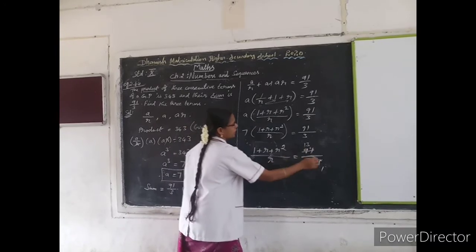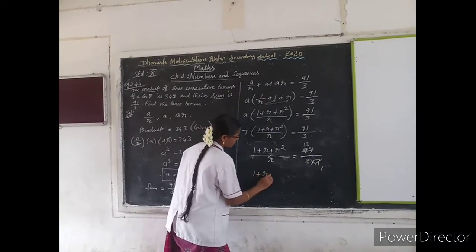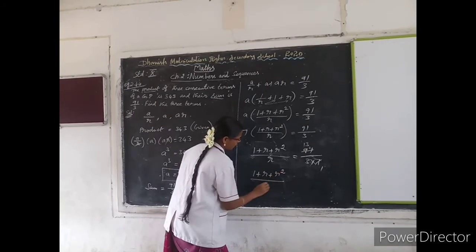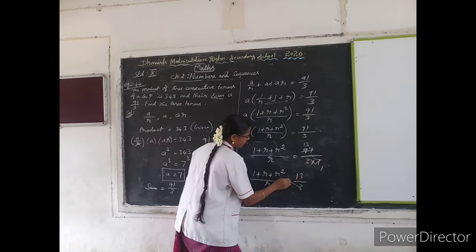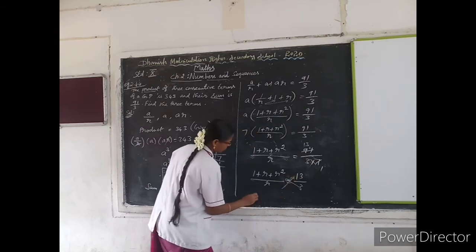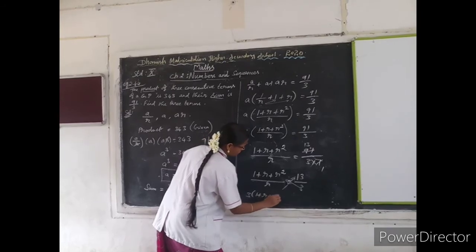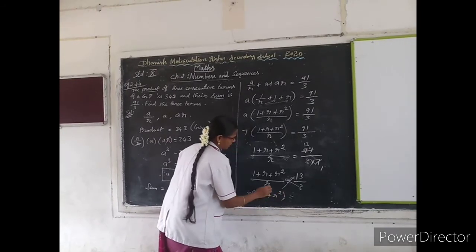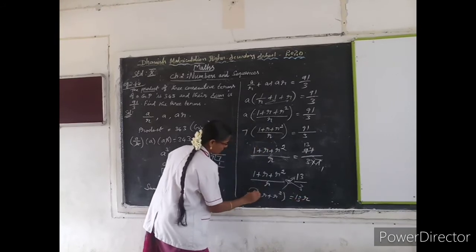So 13 by 3. 1 plus r plus r square divided by r is equal to 13 by 3. By cross product, 3 into 1 plus r plus r square, here 13 into this r. Now multiply.